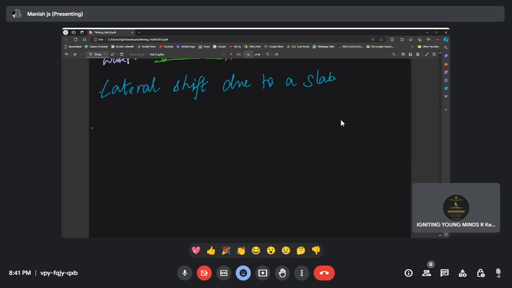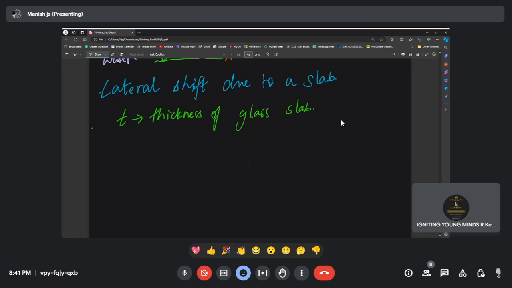Say the glass slab has a particular thickness T. So T is the thickness of the glass slab, wherein the angle of incidence we can take as I, and the angle of refraction you can take as R.